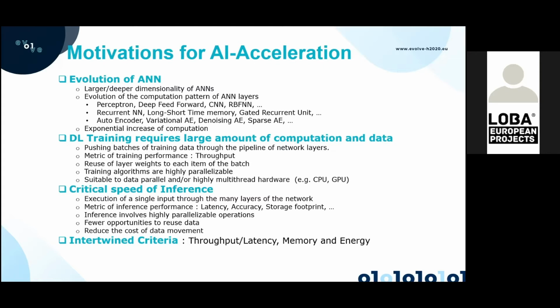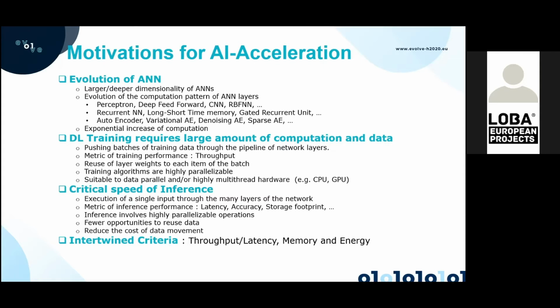It is about latency, accuracy, storage footprint, etc. Obviously, the inference operations involve highly parallelizable operations at each layer of the processing, and it offers fewer opportunities to use data parallelism as in the training phase. It also requires reducing the cost of data movement in order to accelerate this processing.